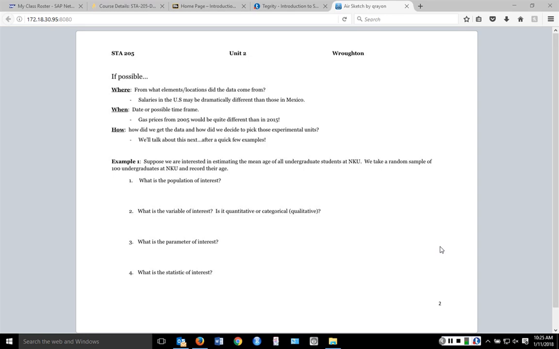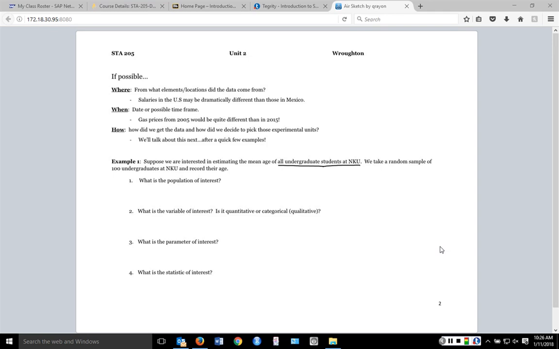So for our first example here, we're looking at estimating the mean age of all undergraduate students at NKU. So I took a random sample of 100 undergraduates at NKU and got their age. So what is our population? Our population is the entire group that we're interested in studying. So if I look at what I have here, we're interested in looking at all undergraduate students at NKU, right?